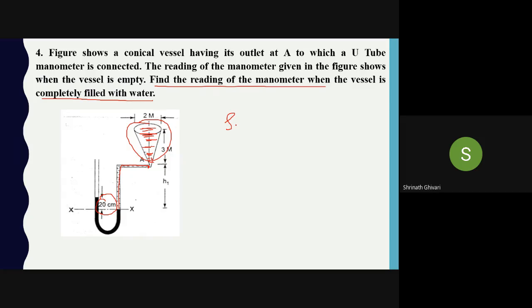On the left limb, we can say that rho 2 G H2, because we know H2, we know G, and the manometric fluid is mercury. That is rho 2. Anywhere it is not written, it is obviously mercury. And what is the lighter liquid? That is water. So equal to rho 1 G H1. Now, can you calculate the value of H1?